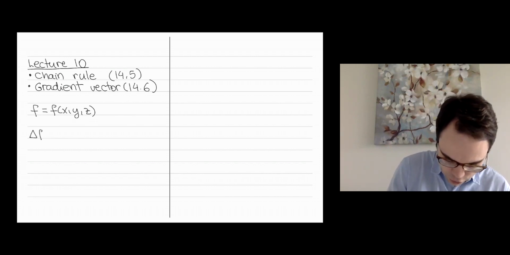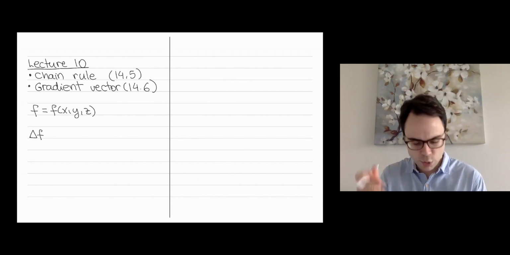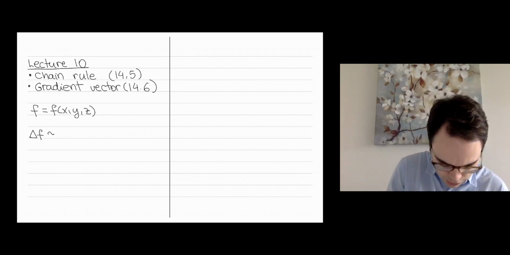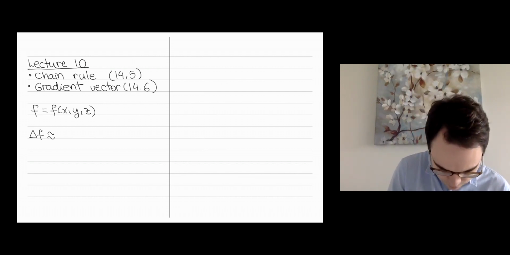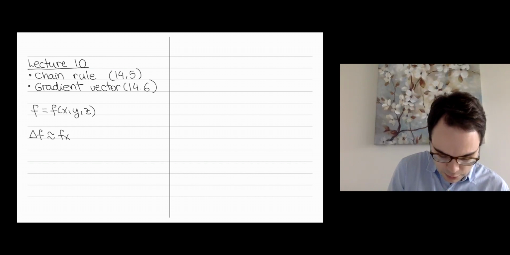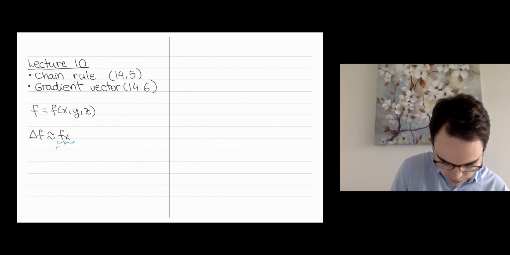If I look at the value of f and then change the point a little bit, the change in f, to a good approximation, is given by the x partial of the function. Here I'm using the notation f sub x for df dx.